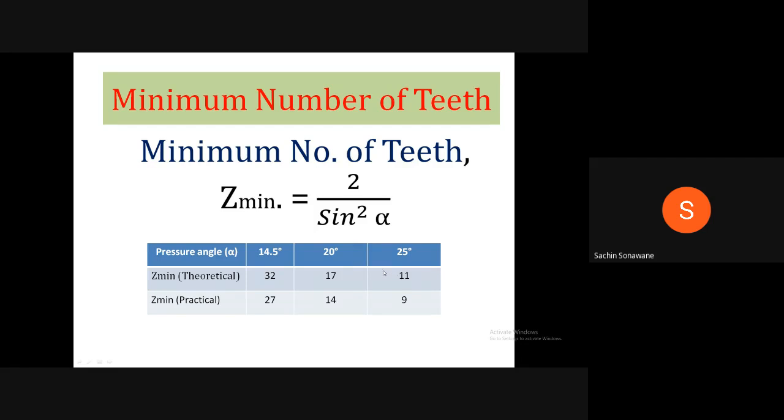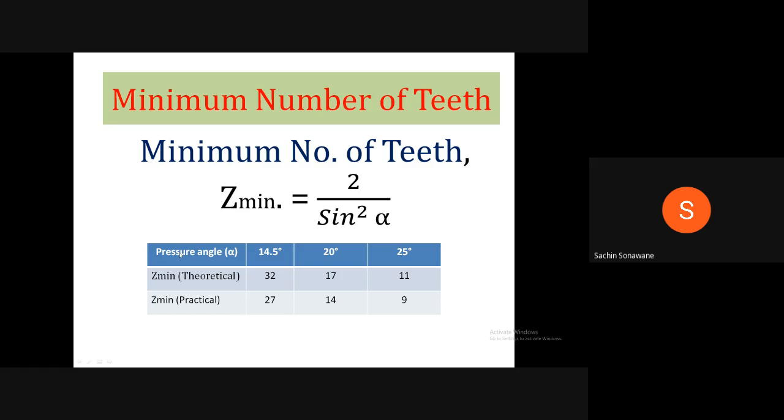We cannot manufacture a gear with whatever number of teeth we want. There are some standard dimensions for the particular pressure angle. Therefore, according to that, we have to manufacture the gears.